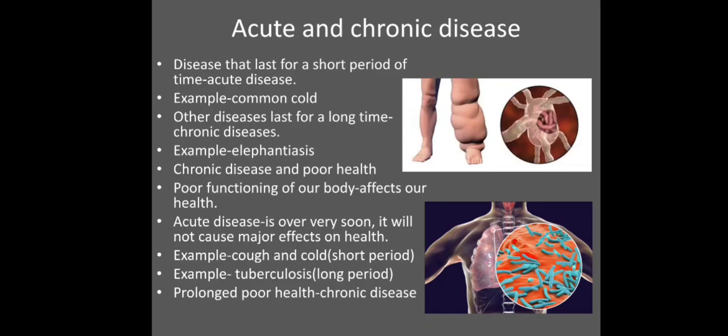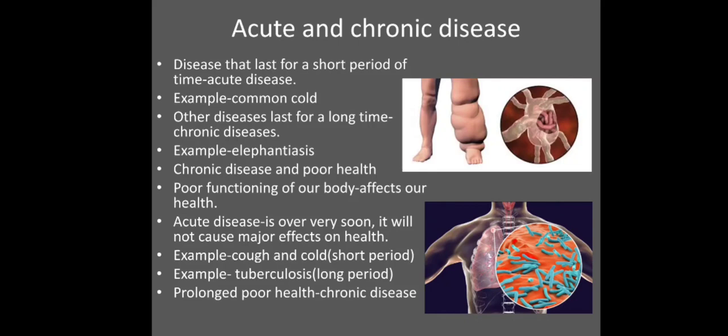We may not go to work for a few days if we have an acute disease. So once we are infected with an acute disease, we may take a rest for a short period of time. But on the other hand, if we are infected with a chronic disease, it will make it difficult for us to work as well as to do our daily chores. We will feel so tired that we will not be able to do the basic things that we do in our daily life.